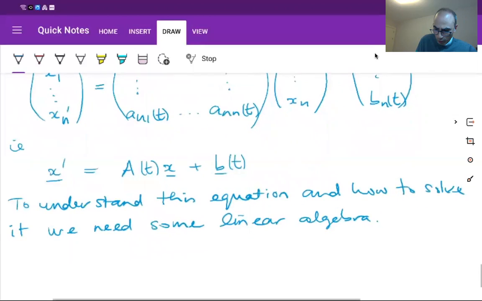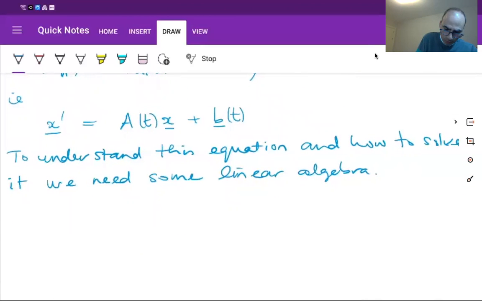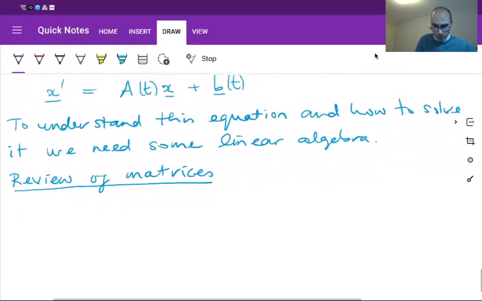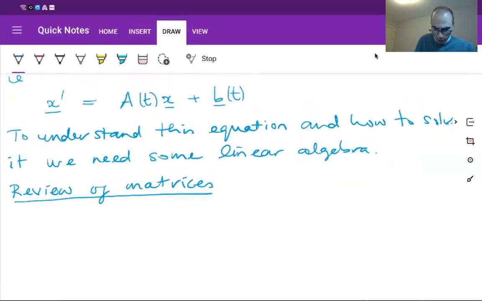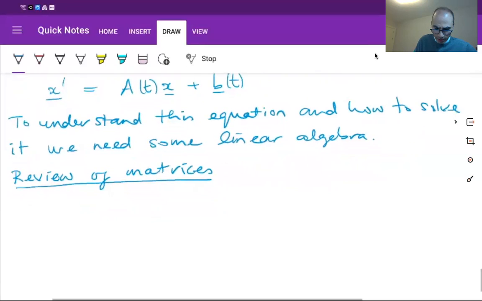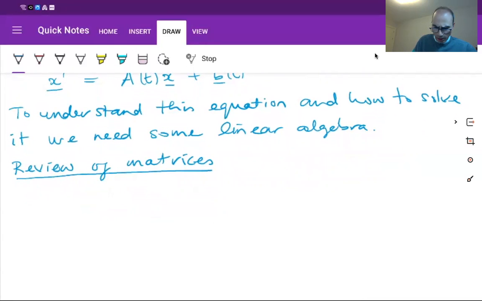We'll start off with a review of matrices. You've probably met these before, so we'll be quite brief here. We'll just review the things that we will need directly, and we won't give proofs.